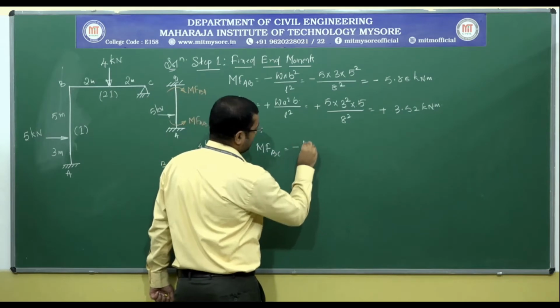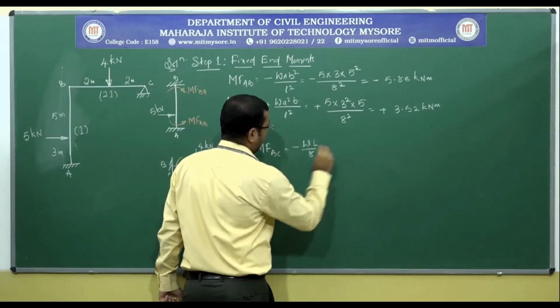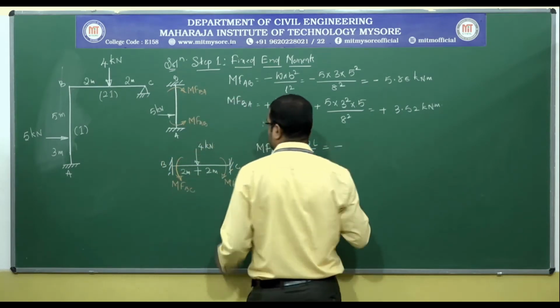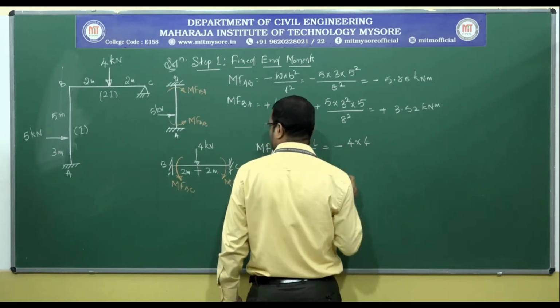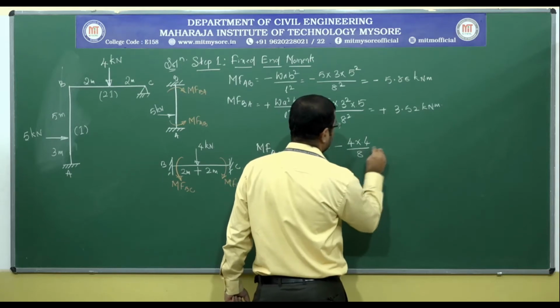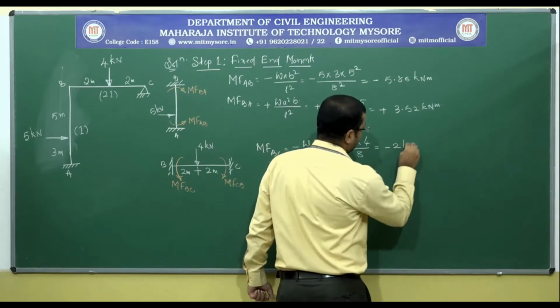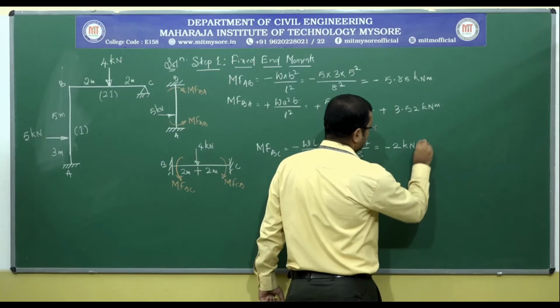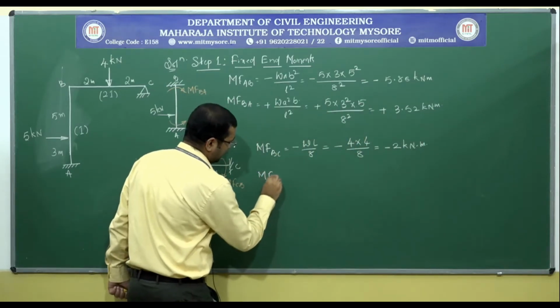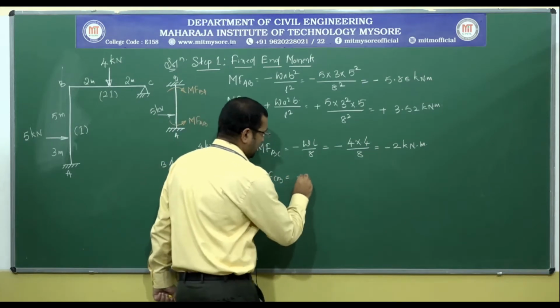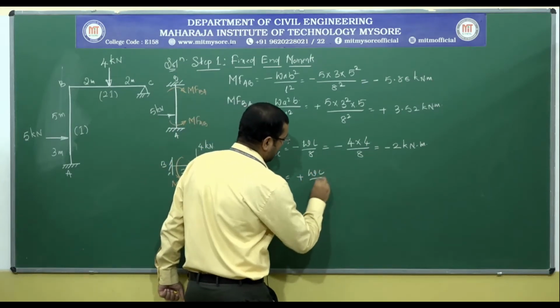BC equals minus WL by 8. So it is minus W is 4 kilonewton, span is also 4, divided by 8, which yields to minus 2 kilonewton meter. And MF CB is plus WL by 8.